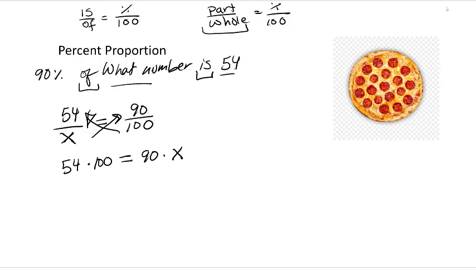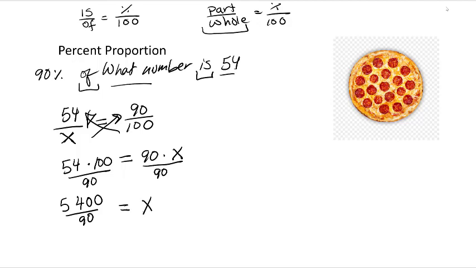We like to divide both sides by 90 so that we can isolate our variable x. So on the left-hand side, we have 54 times 100, which is just 5,400, divided by 90. And on the right-hand side, we have 90 divided by 90, which cancels out, equals x.